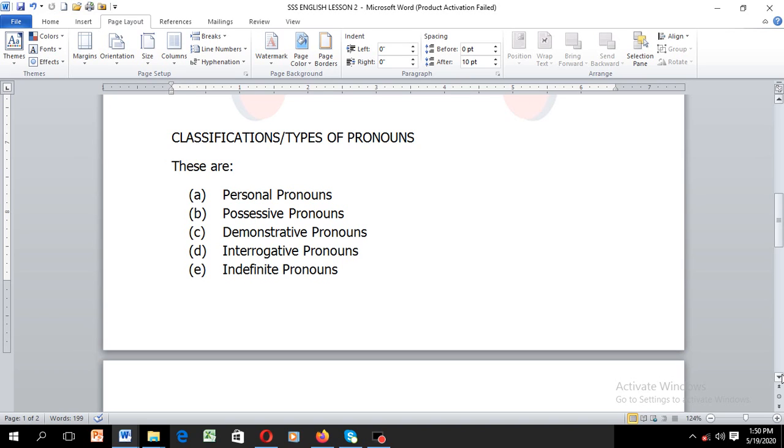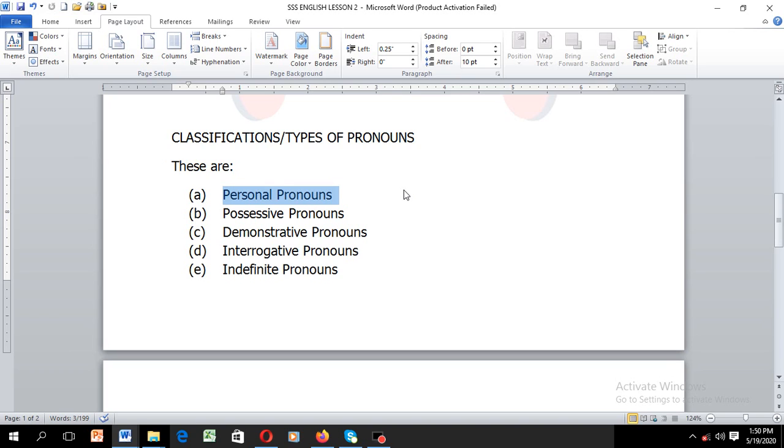What is a personal pronoun? Personal pronouns are pronouns that can be used either as subjects or objects in sentences.